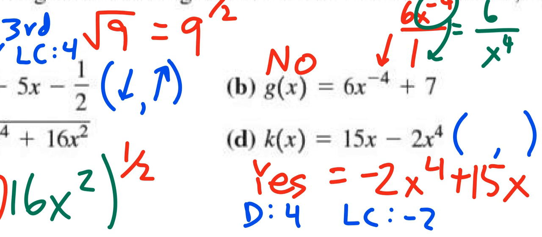Since the leading coefficient is negative, what do you know about the right end behavior? It is down. Since the degree is even, what do you know about the left? It's the same as the right. So even without graphing this thing, I can tell you that much about it.